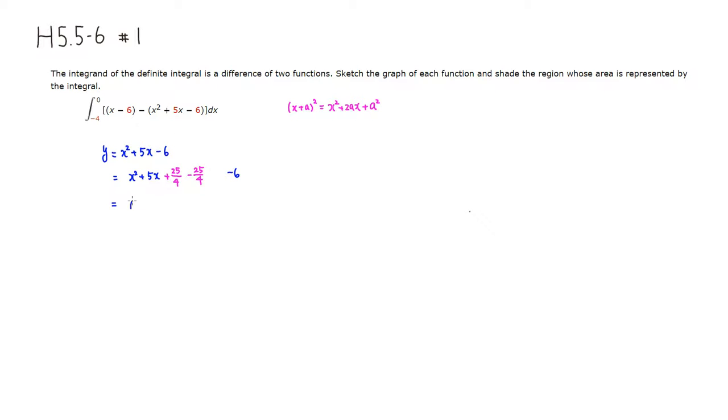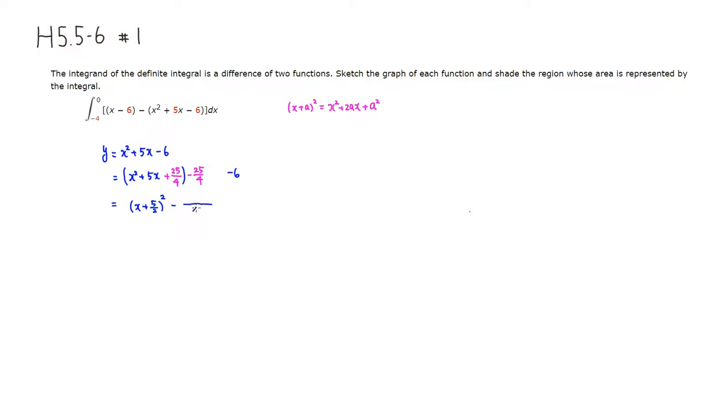So what you get is x plus 5/2 squared, and that takes care of these 3 terms. Minus, then you have to combine.